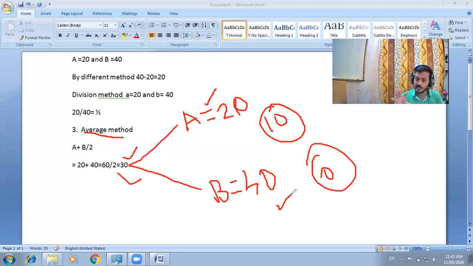Suppose 30 is our 100, then with respect to 30, person A is getting 20 marks and person B is getting 40 marks. So that is again a comparison of marks with respect to a reference point.